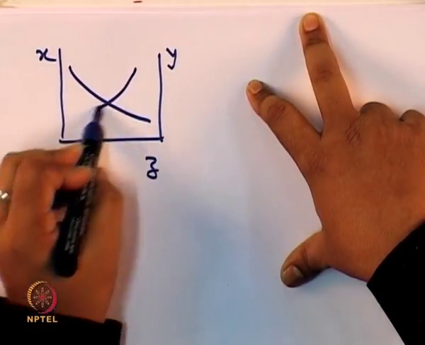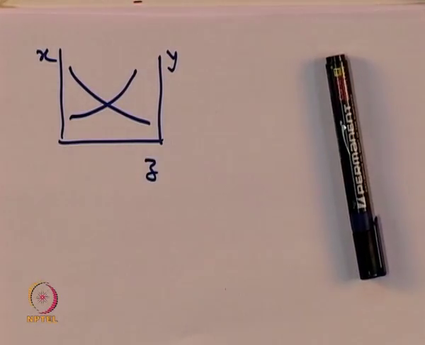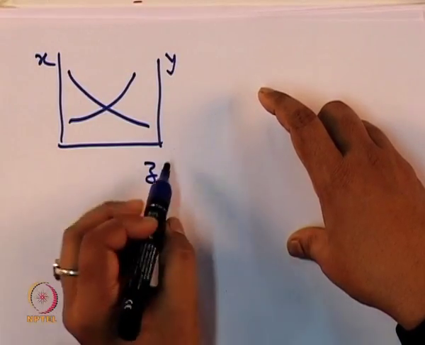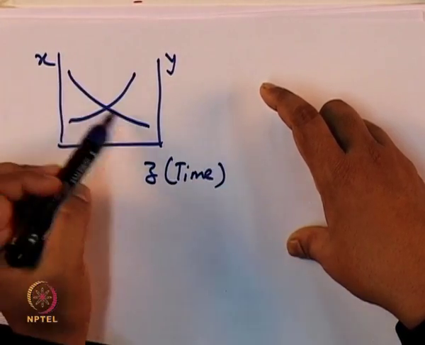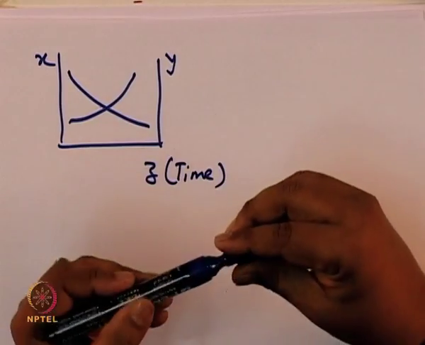Let us take a simple example where z is time, and x and y are two variables varying with time, and we want to see how x and y correlate. As per the plot I have drawn, x decreases with time while y increases with time, which tends to say that they are inversely correlated.